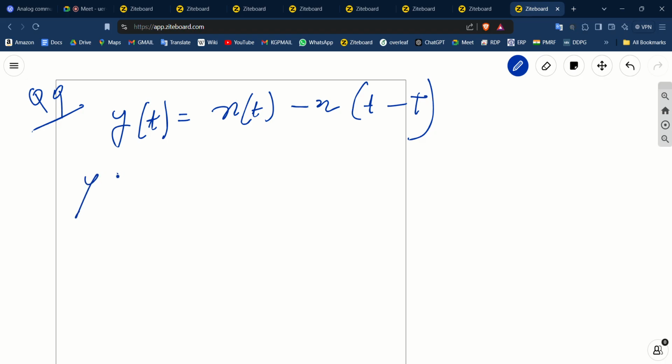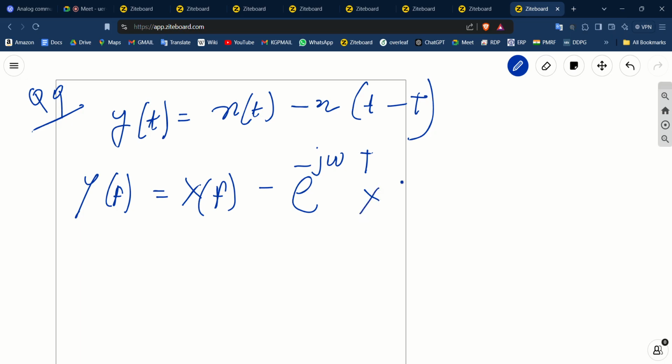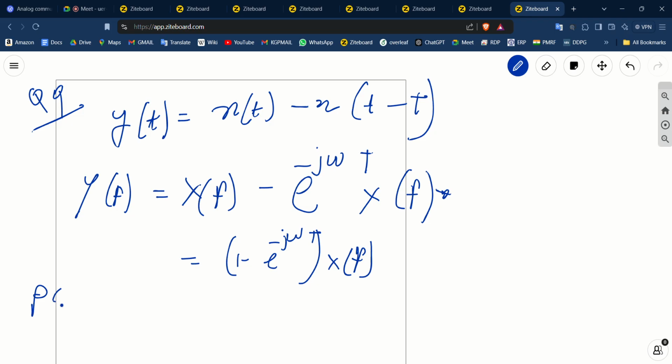If we take a Fourier transform, Y(f) is equal to X(f), and when we do a time delay, we multiply by e to the power minus j omega T. So X(f) times 1 minus e to the power minus j omega T. Now if you do a PSD calculation, then mod Y(f) square is the PSD.